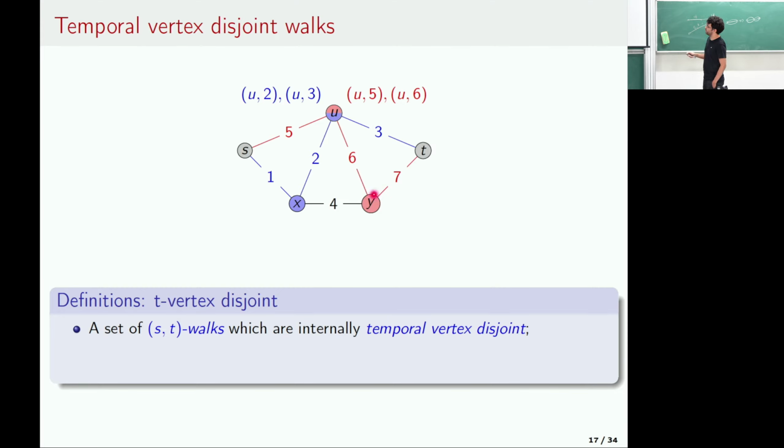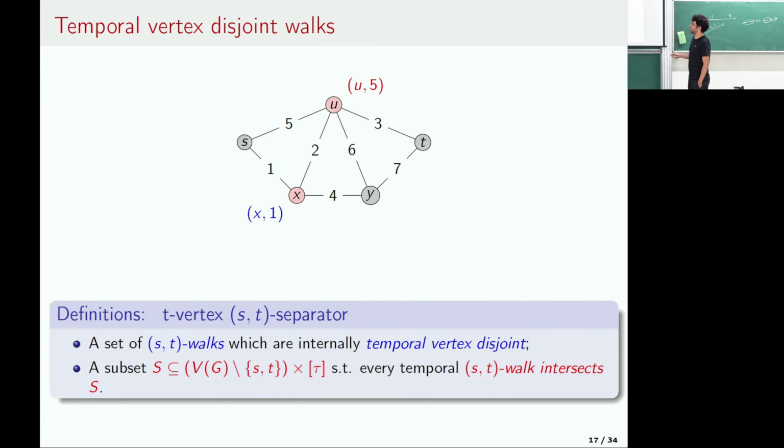The blue one and the red one share the vertex u, but u is used by blue at times 2 and 3, and by red at times 5 and 6. The separator works the same way: I can block all paths from S to T by taking x at time 1 and u at time 5. So now my separator is a subset of temporal vertices.